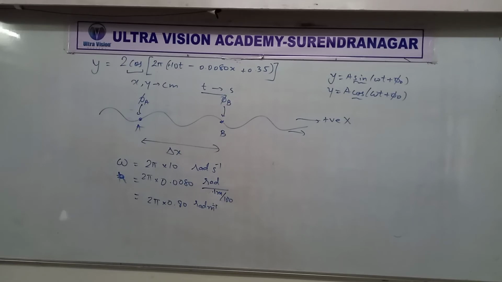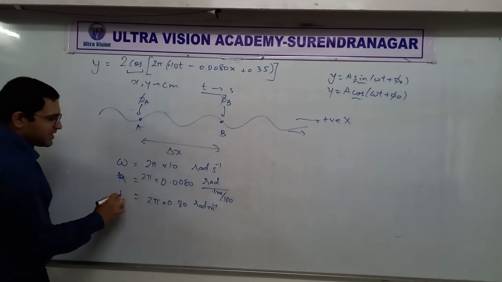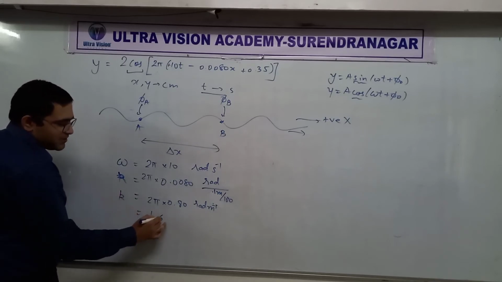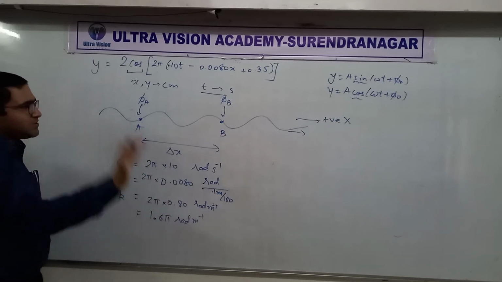Okay, hopefully there is no confusion. Now, this is K's value in SI. Very good. You can of course write it as 1.6 pi. Okay, no big deal with that. Calculations, I'm sure you all will be able to handle.